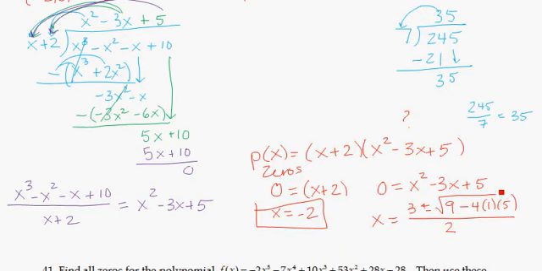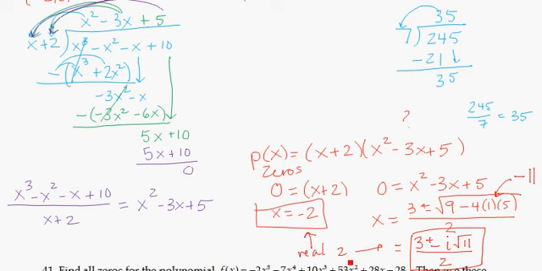And so inside this square root here, I've got 9 minus 20, so I've got negative 11. This is why I was getting the square root of a negative number, and why I'm getting imaginary roots. So this would be 3 plus or minus i square root of 11, over 2. So these are the 3 zeros. We've got one real zero and 2 complex or imaginary roots.